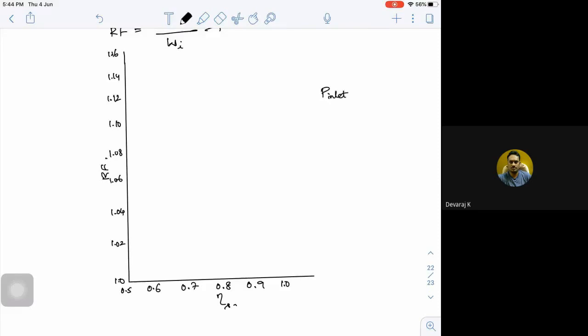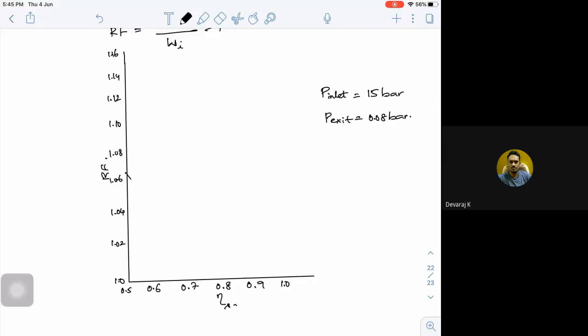Now, depending on the condition, say if my P inlet and P exit, let me take some numbers. If I take some inlet pressure around 15 bar and your exit pressure, usually it will be less than atmospheric, let me take it as 0.08 bar. Okay, if the condition of the steam is dry, it may start somewhere around 1.04 or 1.05, 1.06, and with an increase in stage efficiency, the curve will go something like this.